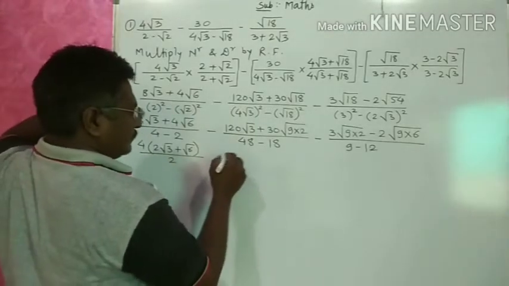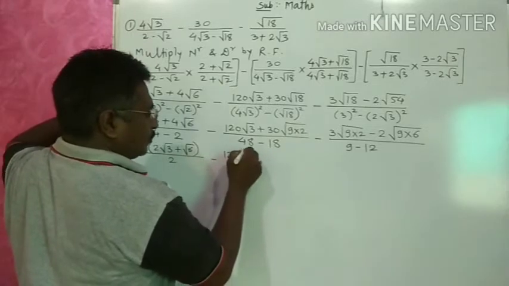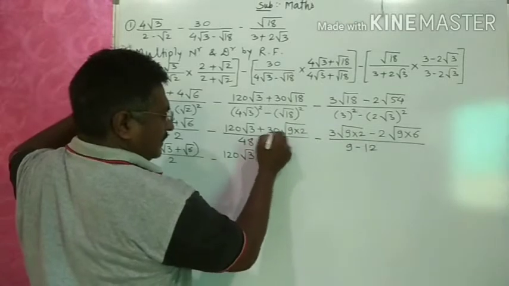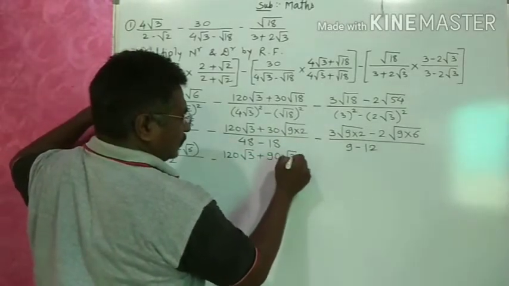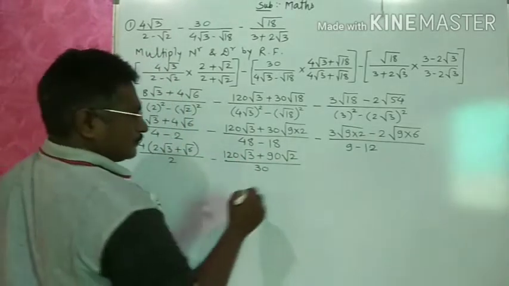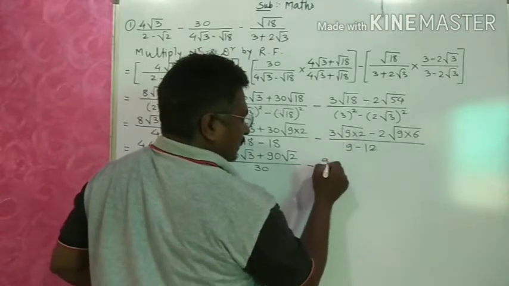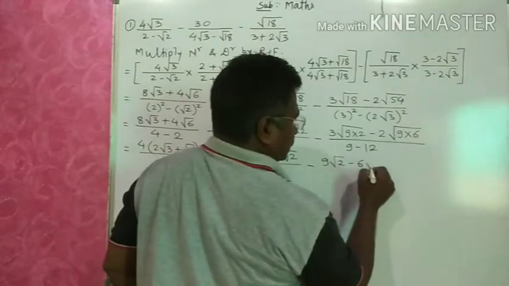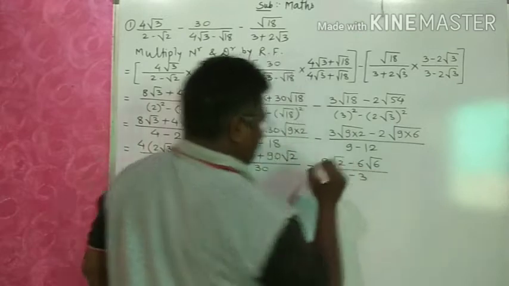Here minus 120 root 3 plus square root of 9, 3. 3 into 3, 30, 90 root 2 by 30 minus 3 into 3, 9 root 2 minus 6 root 6 by minus 3.